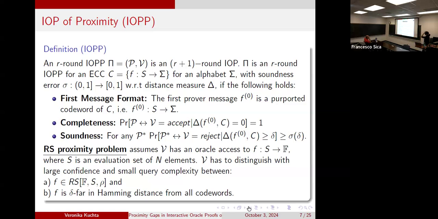I will later mention to you that nowadays everyone is using cryptographic codes because of their simplicity or whatever. Okay, so this is the definition.